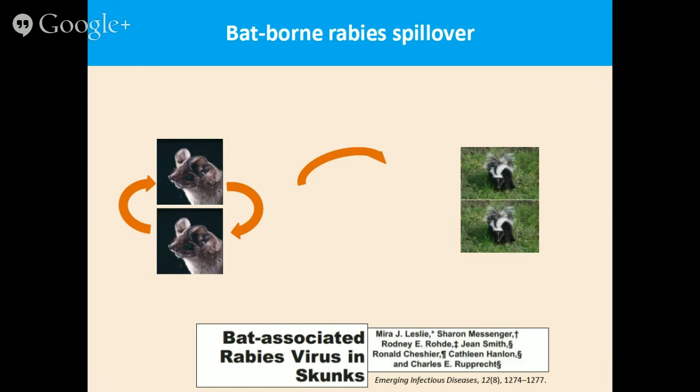And then the strain of the bats can be in the carnivore population with successful transmission. It was reported in the United States a successful spillover of bat-borne rabies from bats to carnivores, including skunks and foxes.